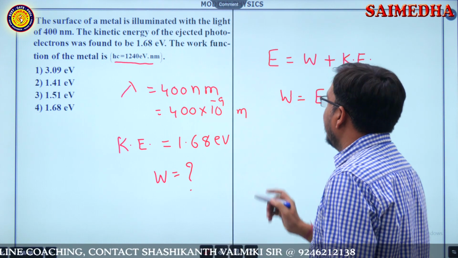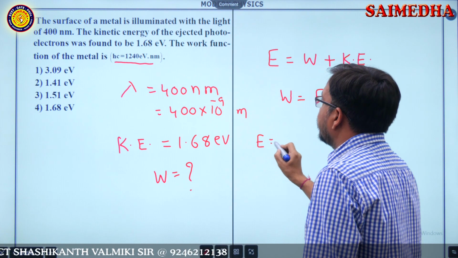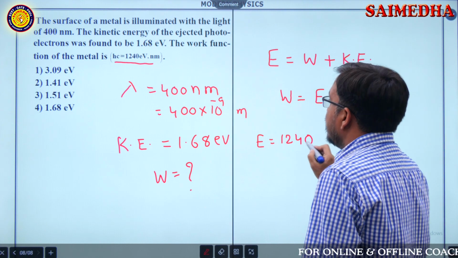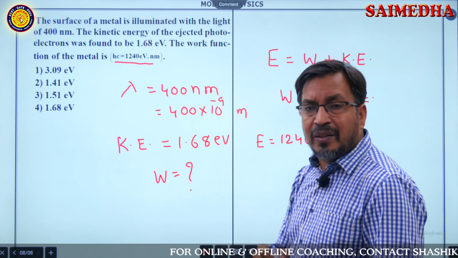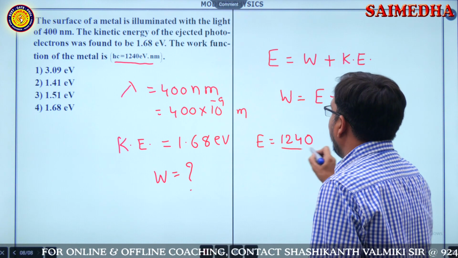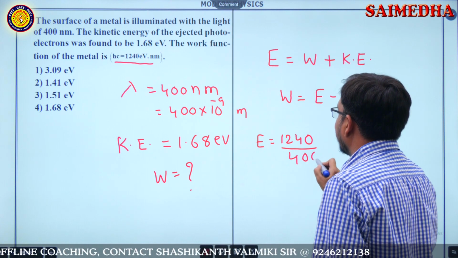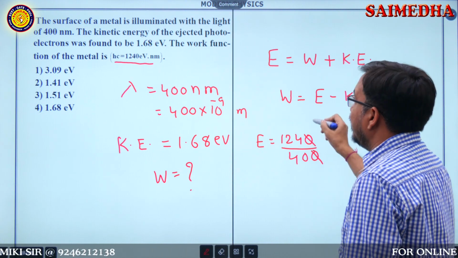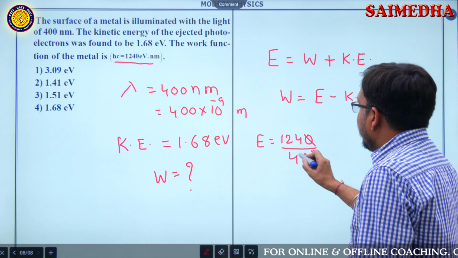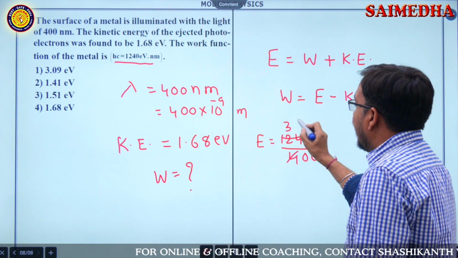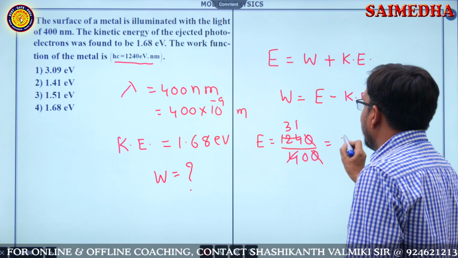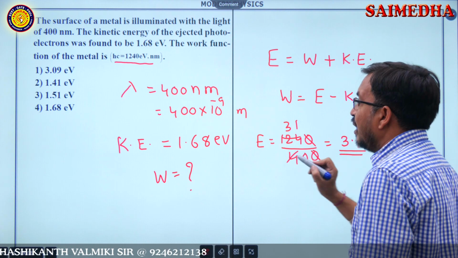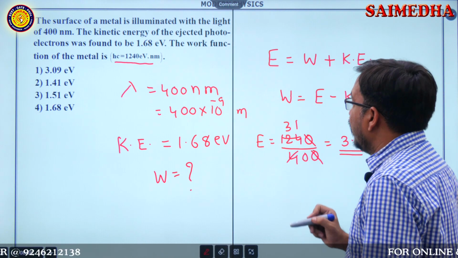So energy equals 1240 electron volts nanometer by 400. Here the 0s cancel because nano cancels, and 4 1 ja 4, 3 ja 12, and 4 1 ja 31 by 10 means how much? 3.1. What is the energy value here? 3.1 electron volts.